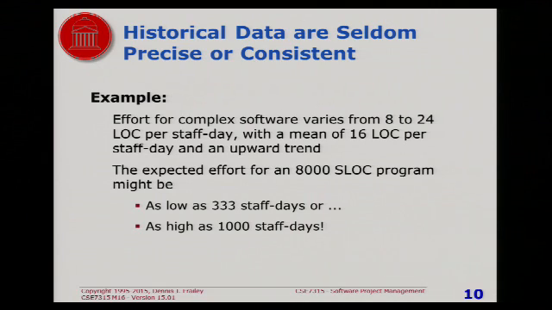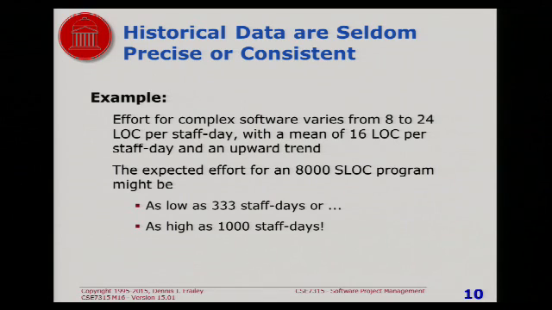If we do as poorly as the worst project we have data for, it'll take us 1,000 staff days. If we do as well as the best project we have data for, it'll only take us 333 staff days. And if we look at the average project, it's going to be 500 staff days. So that's how this first method works.